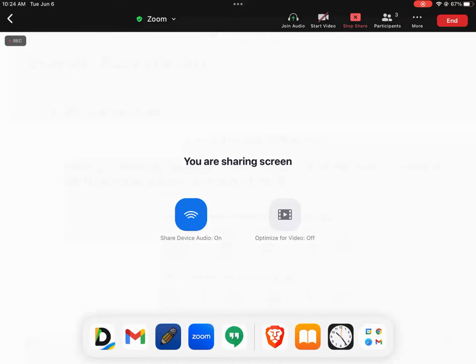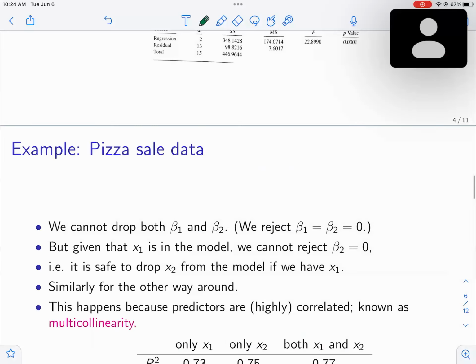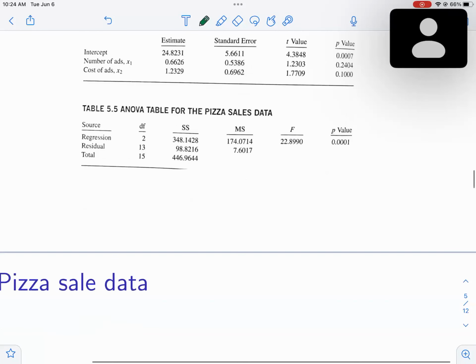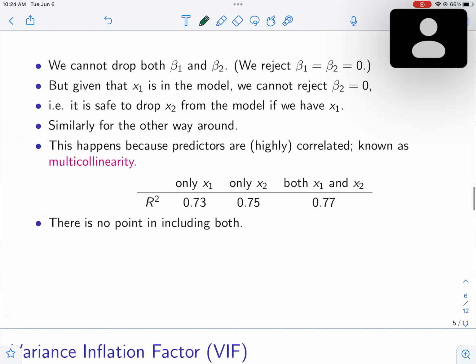So we went over this, and you can verify that everything that we did here matches the slide. So we can't drop both, but given one, we can drop the other one. You can write down the R squared. Based on the R squared, you can decide that the model with only X2 is better than the one with only X1.